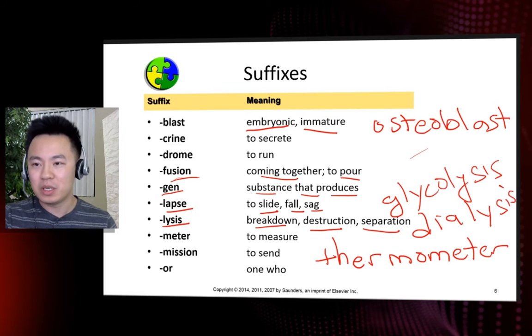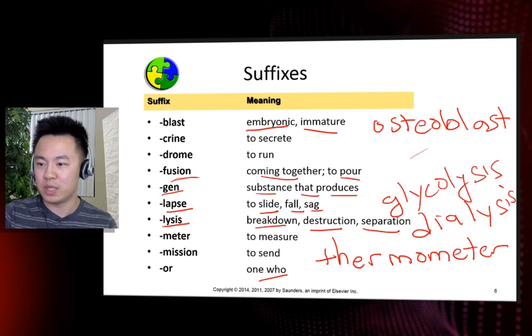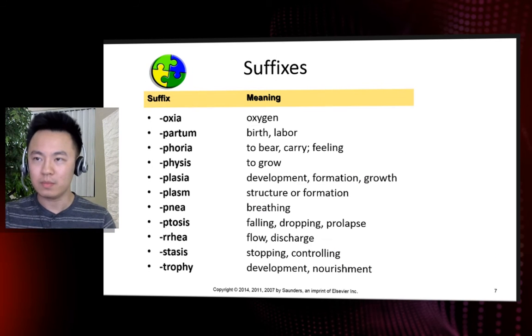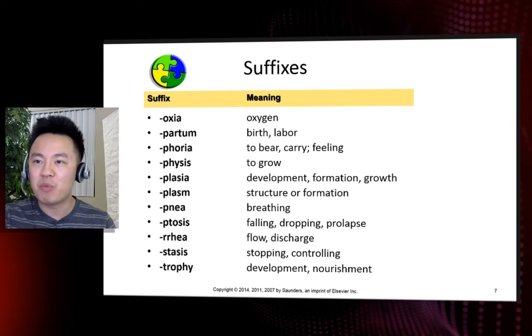Mission here means to send. For example, a missionary is someone who is sent out to spread a belief or something like that. And or here means one who. So some examples of those there. Additional suffixes here. For example, partum means birth or labor.